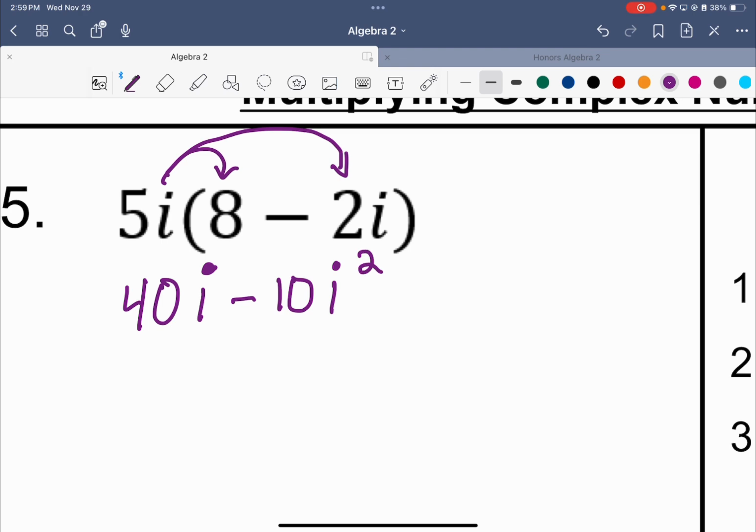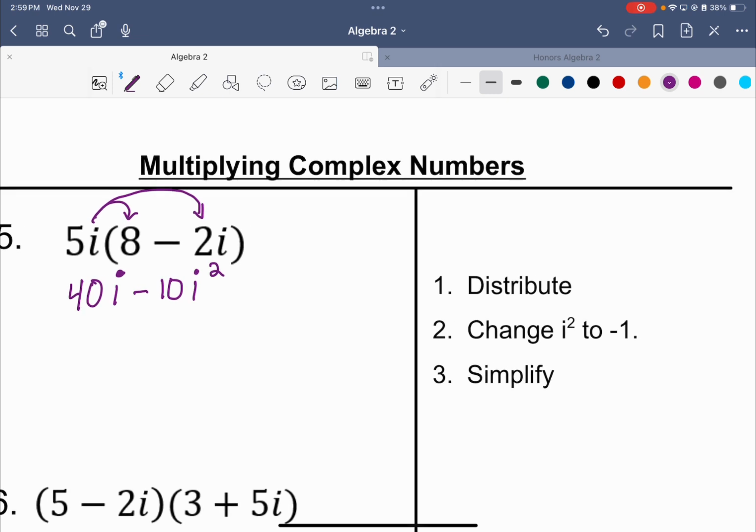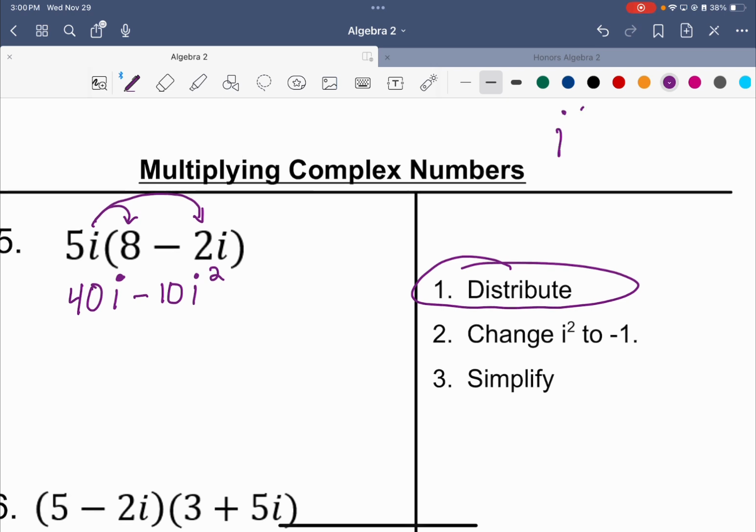squared. Okay, so then if we look over here, step 1, distribute. We did that. Second thing says change the i squared to negative 1 because remember, i squared equals negative 1. Every single one of you has that highlighted, starred, and bolded in your notes.